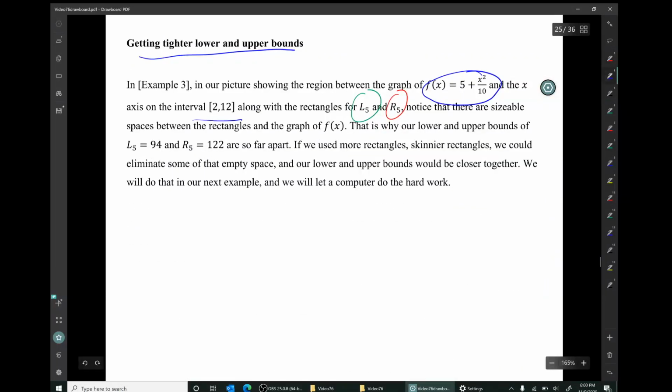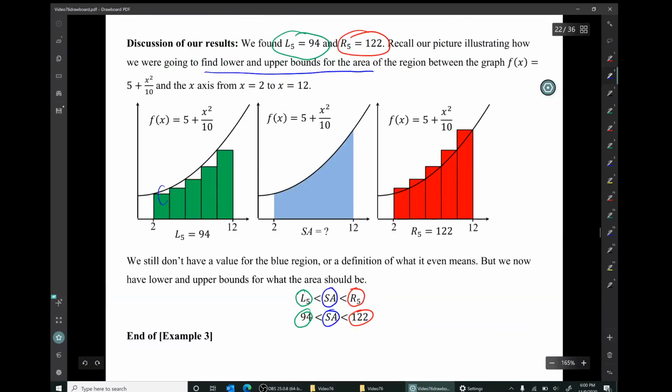Notice that there are sizable gaps between the rectangles in the graph of f of x. Gaps there, there, there. So the green region is smaller than the blue region because of those gaps. And the red region is larger than the blue region because of these gaps that are filled in.